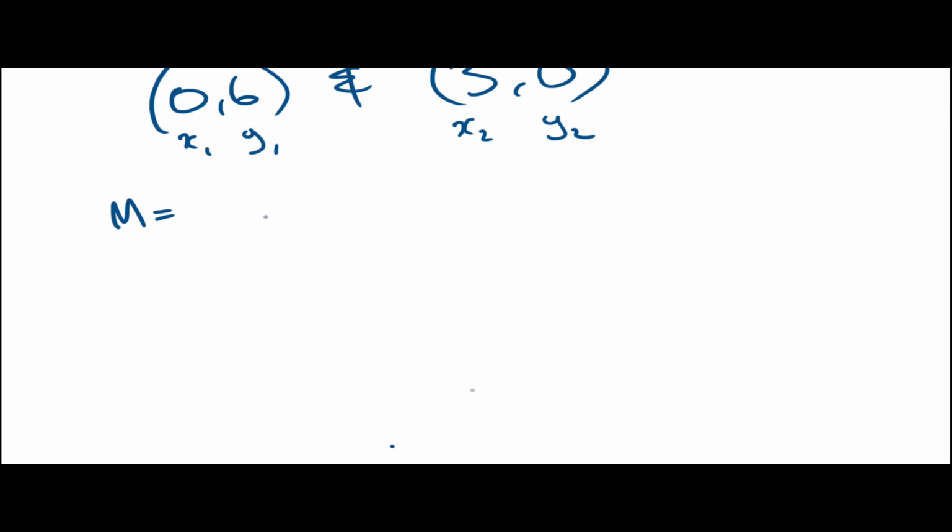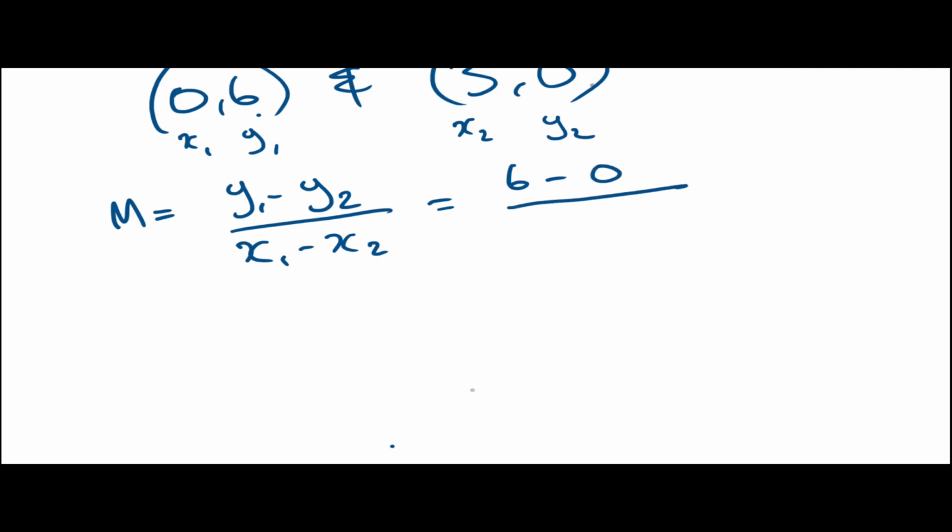And just as normal, the gradient is y1 minus y2 all over x1 minus x2. y1 is going to be 6, we've got that there, minus 0, that's y2, that one there. x1 is 0, and x2 there is 3.